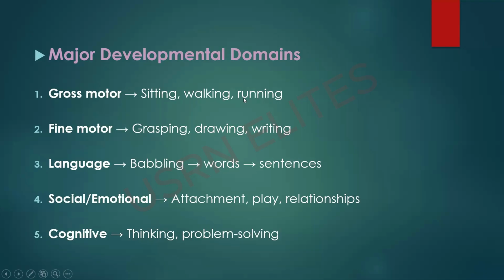Gross motor skills normally involve using major muscles, the muscles involved are huge, like using your whole arm or your whole legs to do something. Like walking, you use your whole leg to walk.